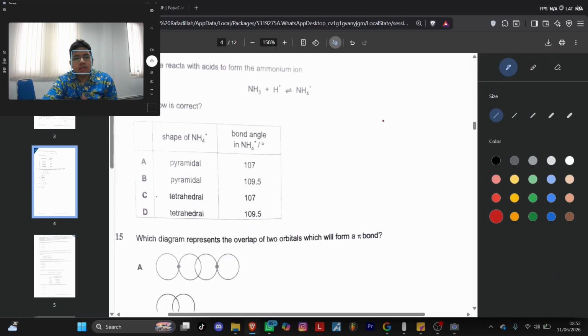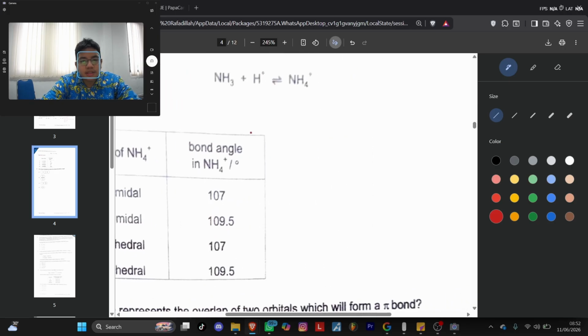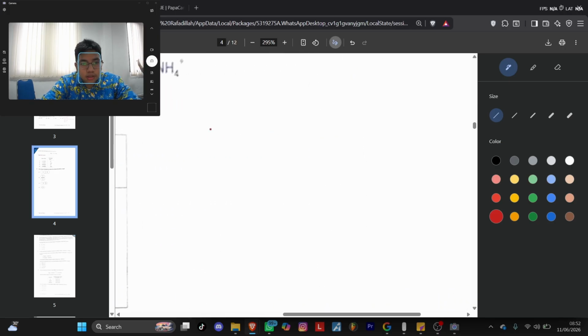Okay, so the next question is: ammonia reacts with acid to form the ammonium ion. Which row is correct? We know we find the VSEPR shape from the Lewis structure.